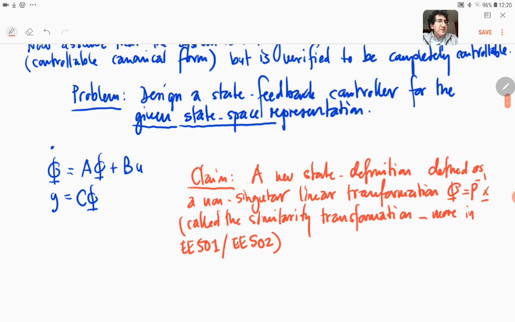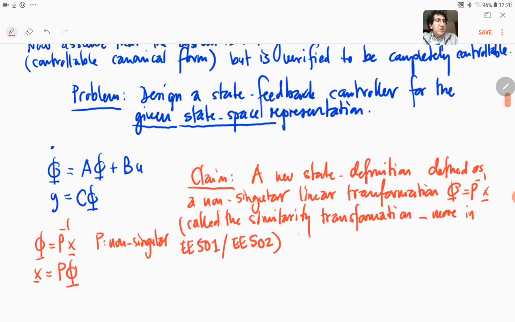By the way, phi equals P to the power minus 1 x is often given in this form to make sure that P is non-singular. That's why it's given in inverse form, but we can also deduce from this that x is equal to P times phi, obviously. P has an inverse, so you can always take the inverse of that matrix.